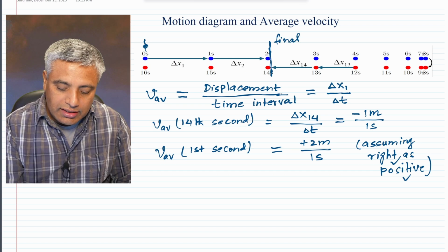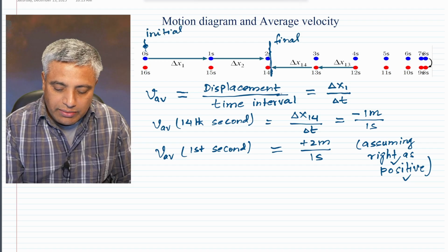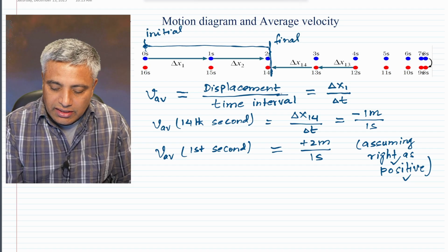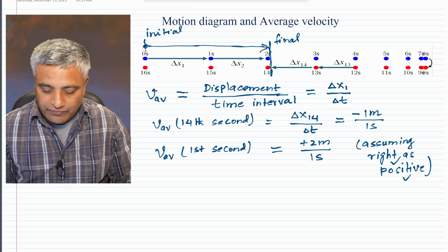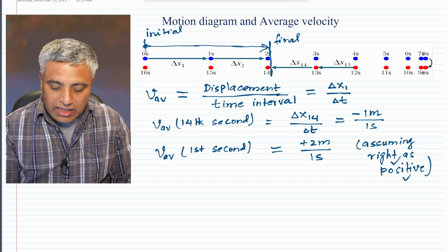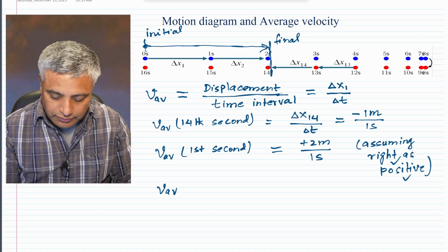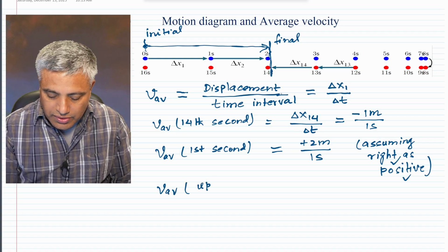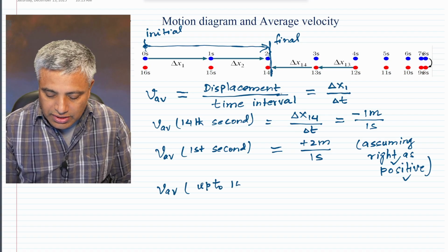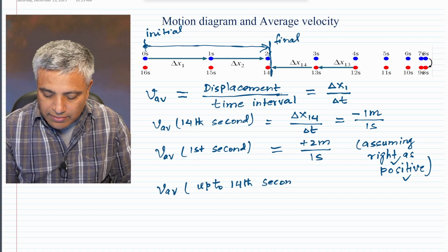Final here, and initial here. For this particular example, that is going to be the displacement. Okay. So now what's the average velocity in this case? Up to the 14th second, that is the total average velocity.